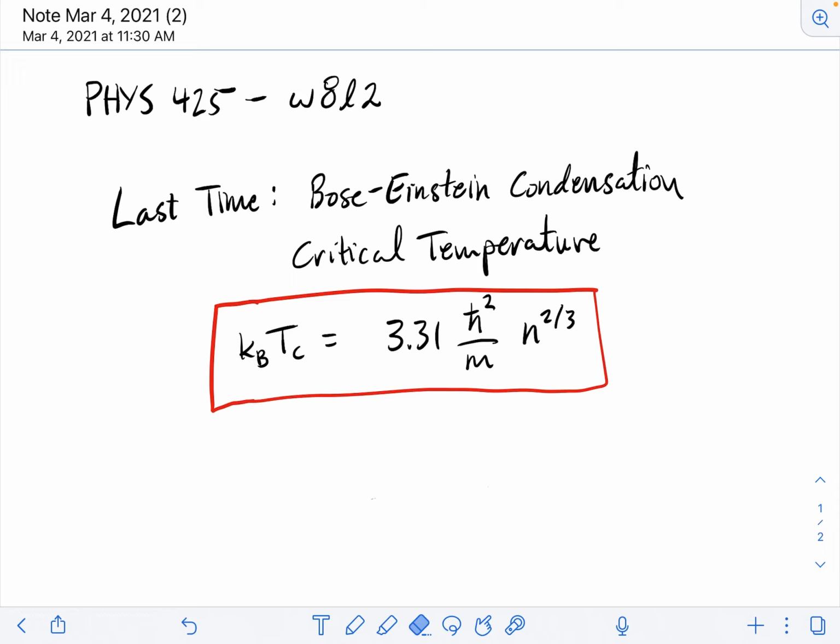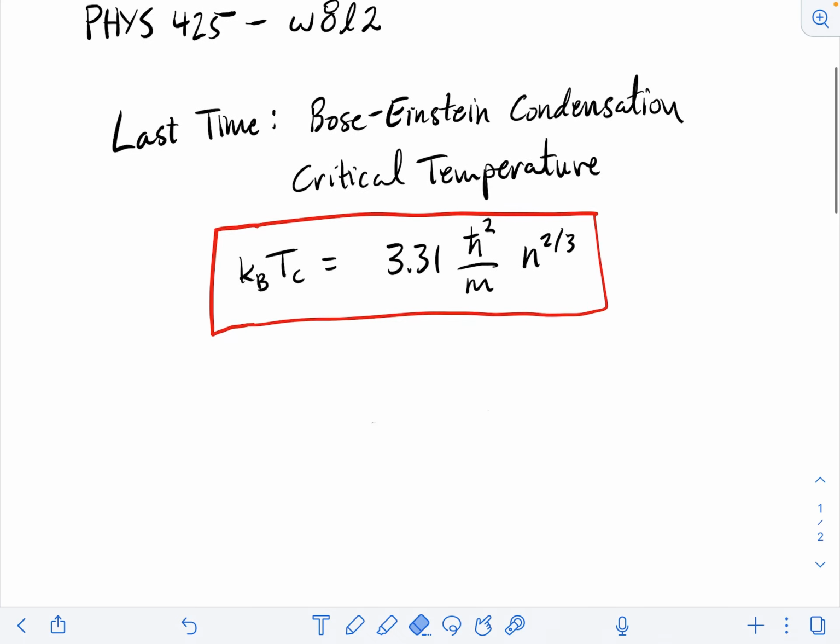So what I want to do today is see if we can develop a little bit of a different understanding of the condition for Bose-Einstein condensation, which might help to develop a little bit more intuition around this concept. To do that, we're going to think about the space occupied by a single particle in a system of identical bosons.